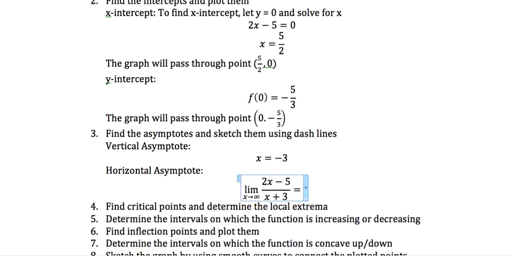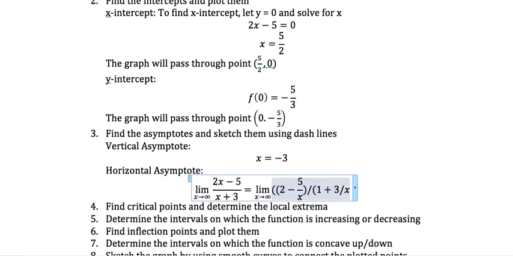To calculate this limit, you can divide by x on the top and the bottom simultaneously. So as x goes to infinity, we will have 2 - 5/x as the numerator and 1 + 3/x as the denominator.